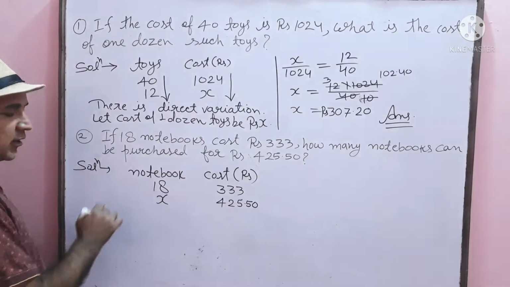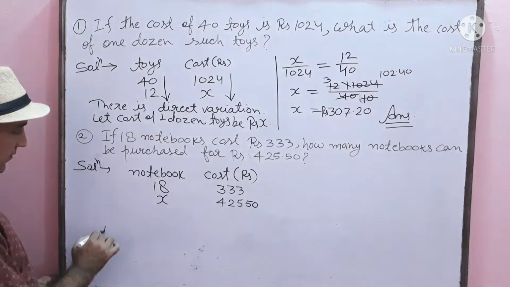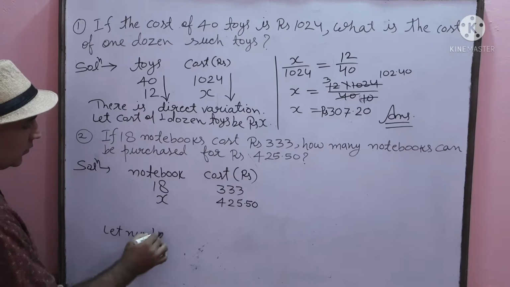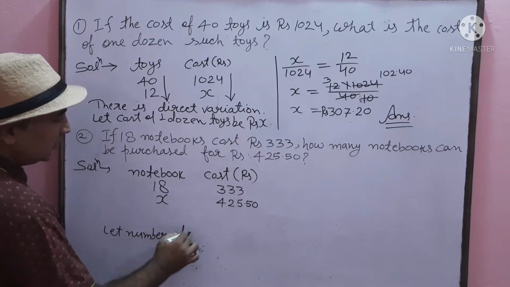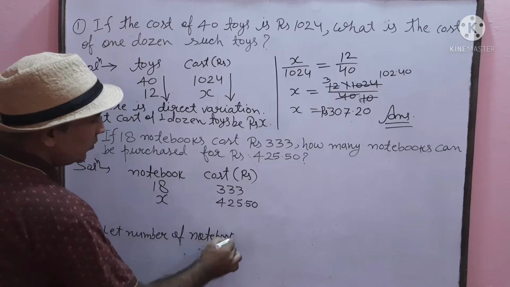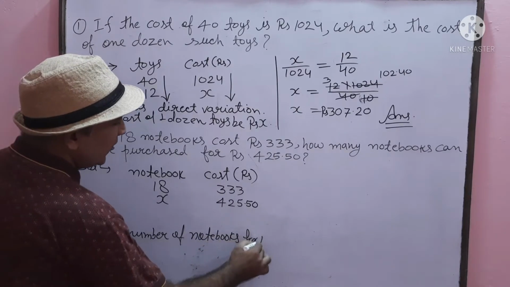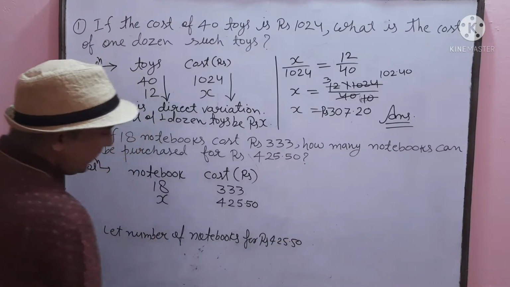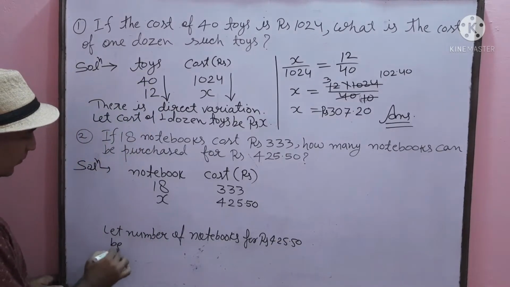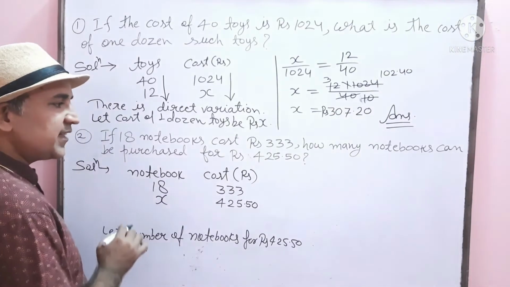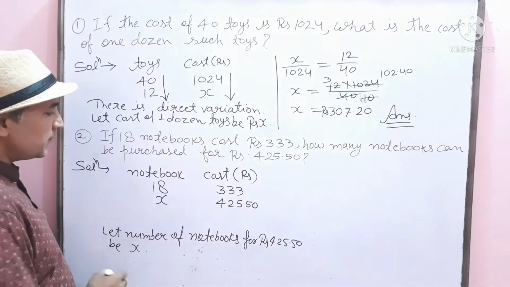So suppose the number of notebooks for rupees 425.50 be X. Okay, again check whether there is direct variation or not.